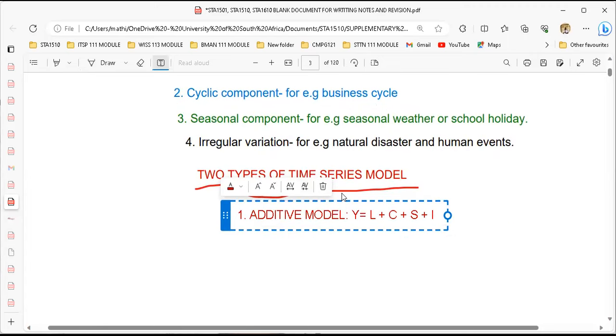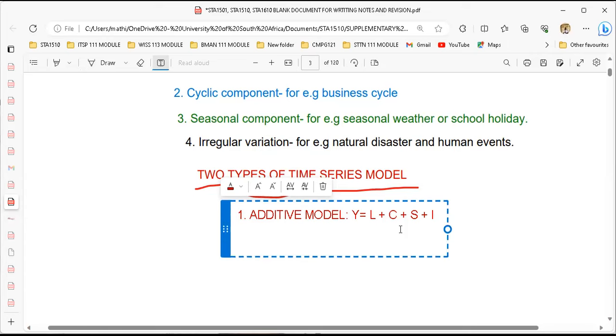If they give you a question with the long-term value, cyclic value, seasonal, and irregular, and ask you to calculate the additive model, just substitute using this formula. All right, let's go to number 2.